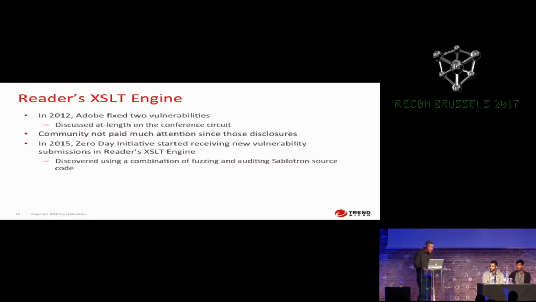Then in the Zero Day Initiative program in 2015, we started to see new submissions from multiple researchers in this code base coming into our program, and it got us interested in how exactly they were going about finding the vulnerabilities in Adobe Reader, and it all comes back to source code analysis of Sablotron and fuzzing techniques that they're using to find these bugs. And so we'll go over some of those here in a second.